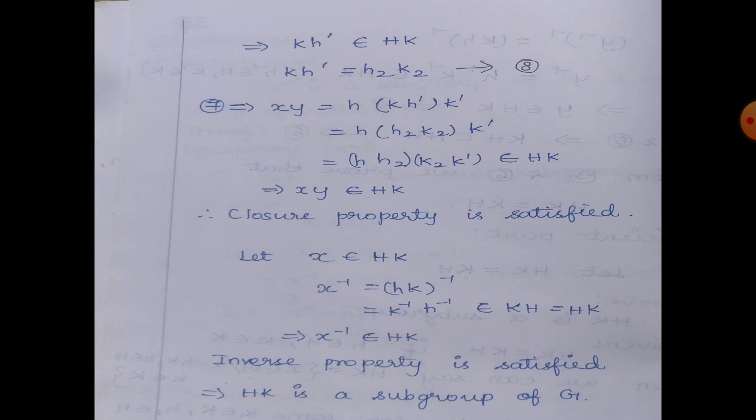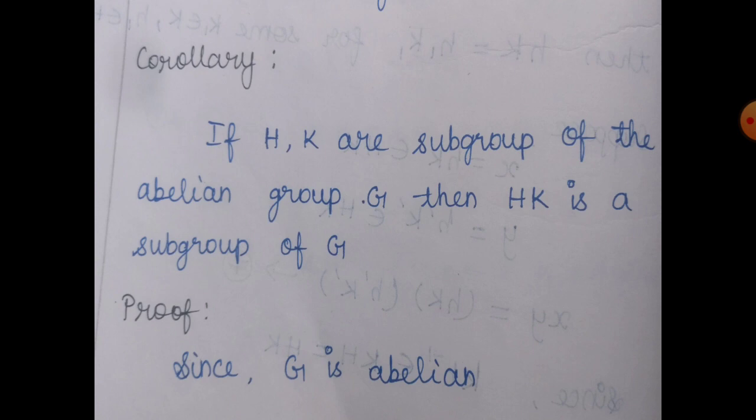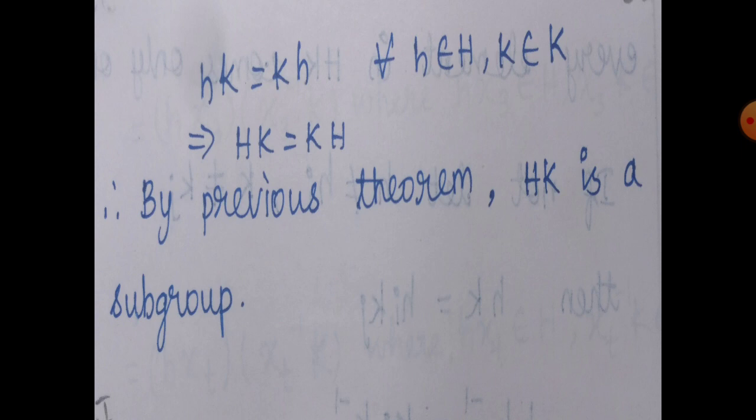For this we have to see one corollary. The corollary statement is: if H and K are subgroups of the abelian group G, then HK is a subgroup of G. Here H and K are given as subgroups of the abelian group G. Since G is abelian, we can say hk is equal to kh for every h belonging to H and k belonging to K. So hk is equal to kh implies capital HK is equal to capital KH.